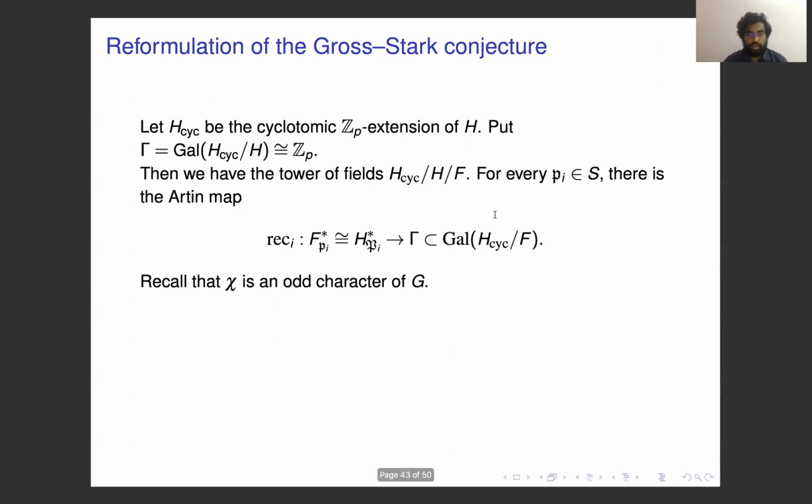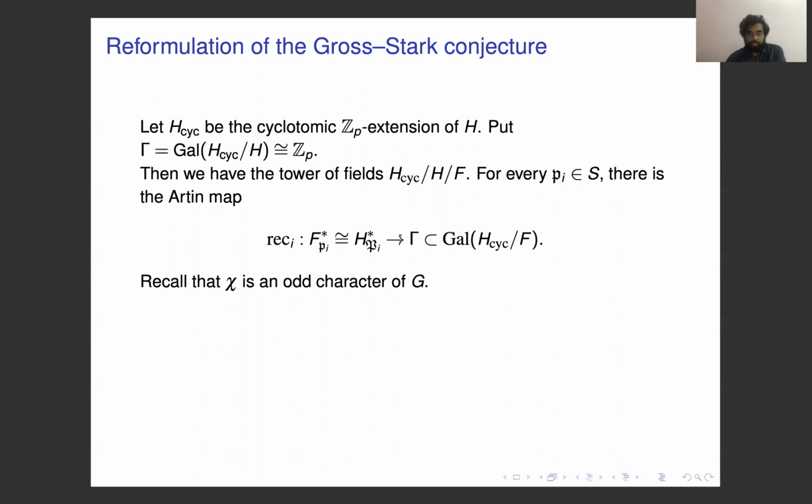Then for every Pi in S, there's the Artin reciprocity map, which goes from F sub Pi star into this Galois group.